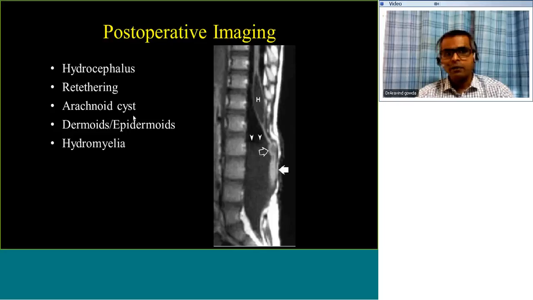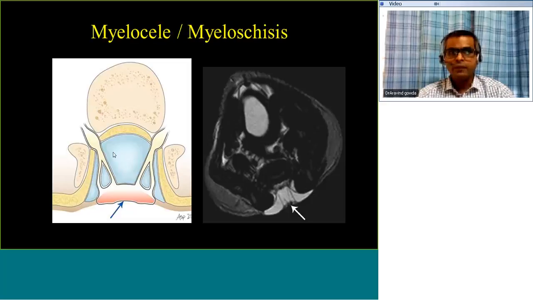There may be an arachnoid cyst that has happened secondary to the surgery, or implantation dermoids or epidermoids, which can happen secondary to surgery, and the hydromyelia. Hydromyelia, again, due to the tethering, there will be abnormal flow dynamics of CSF within the spinal canal, leading to the accumulation of the CSF either in the central canal or in the spinal cord.